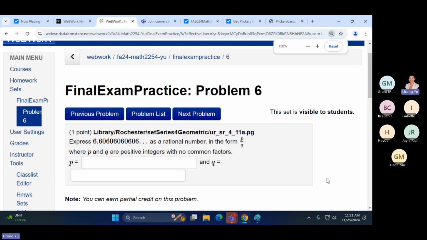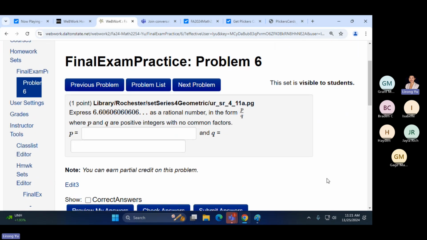Yeah. Okay, this is trying to use an infinite sum to represent what we used to practice. So we can use an infinite summation to represent repeated rational numbers.